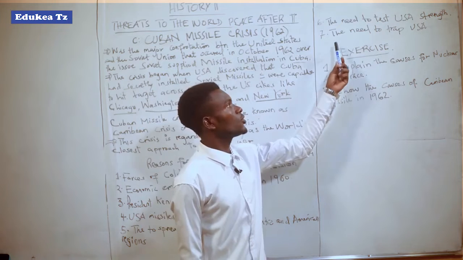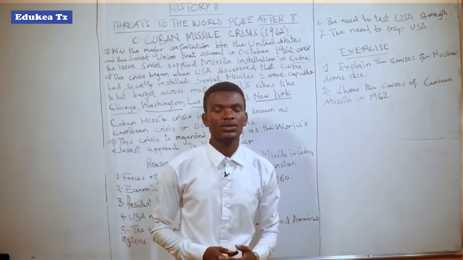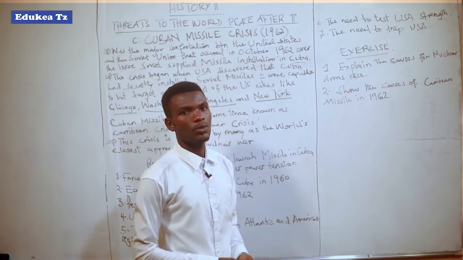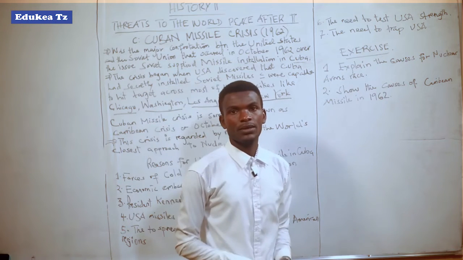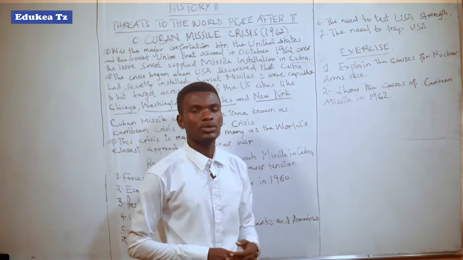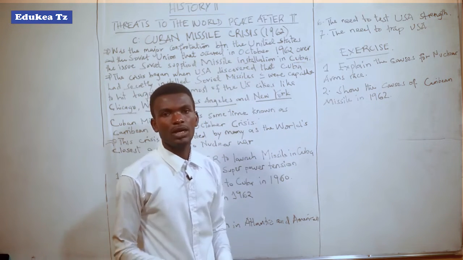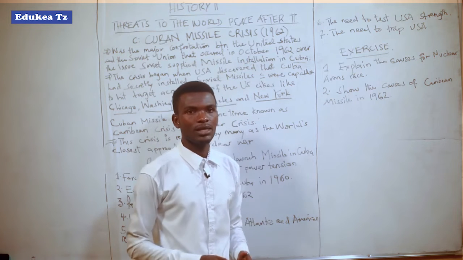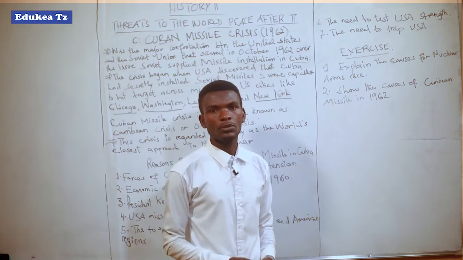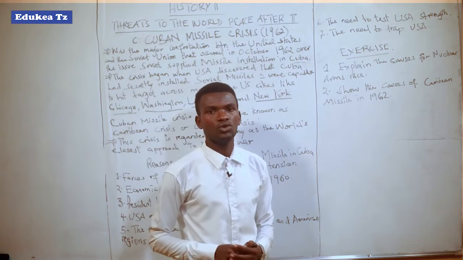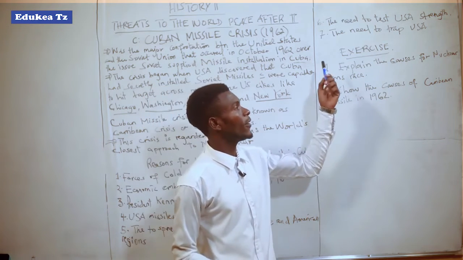And the last reason was the need to trap USA. That's why Nikita Khrushchev, after installation of missiles in Cuba, decided to place them in the open so that USA could see those missiles and be trapped, so that at any time when they start the nuclear war, it will be easy for USSR to bomb the influential cities in USA, and USA will no longer be the superpower.